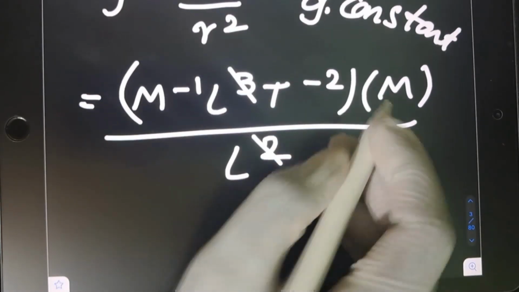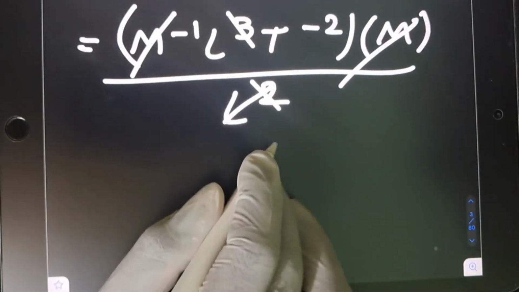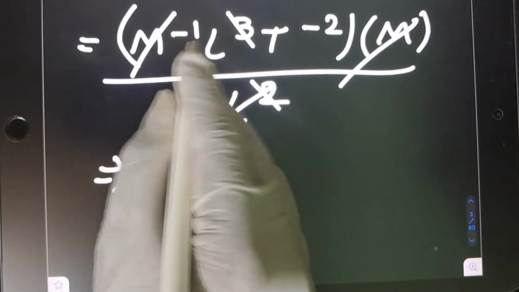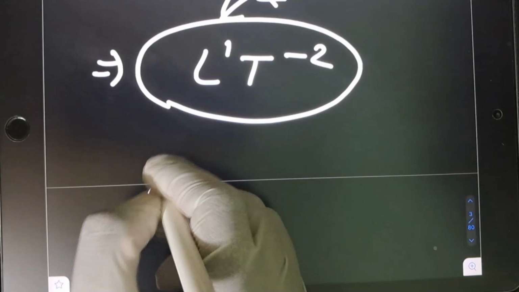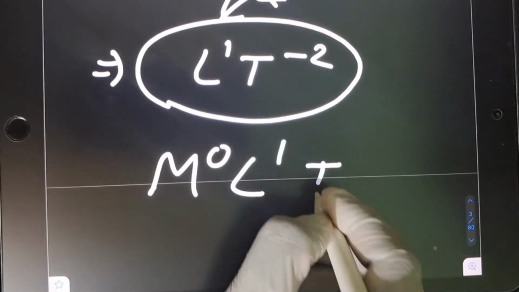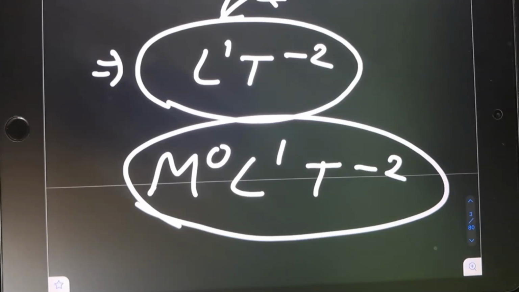On cancellation of length dimension and mass, we get M power 0, L power 1, T power minus 2. This is the acceleration due to gravity.